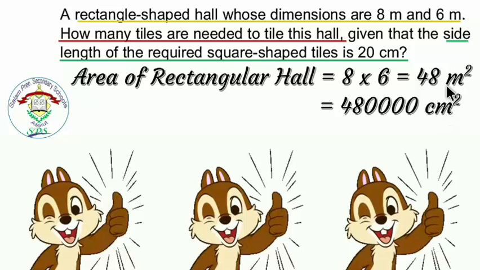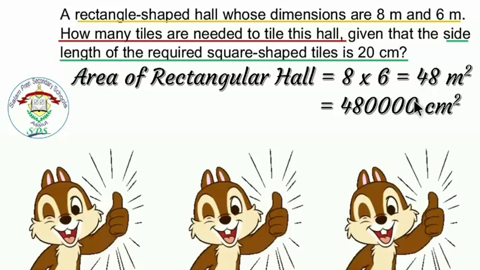We know 1 meter equals 100 centimeters. So for square meter, we will double the zeros: the 2 zeros become 4 zeros. So 1 square meter equals 10,000 square centimeters. So we will put 4 zeros beside 48.